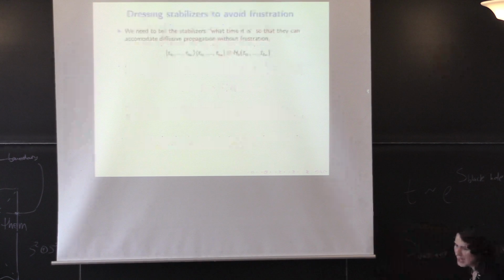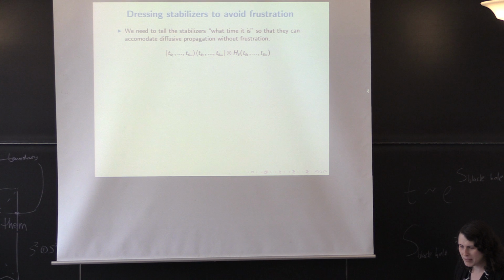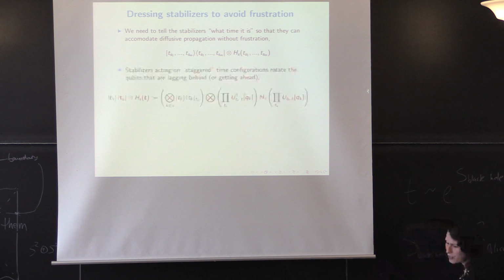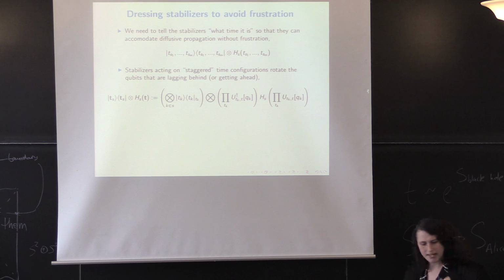So what those look like is that now the stabilizers of your quantum code check what time it is so that they can be adjusted to accommodate this propagation. So basically, imagine you have a stabilizer of the toric code, but now not all of the qubits are at the exact same time.